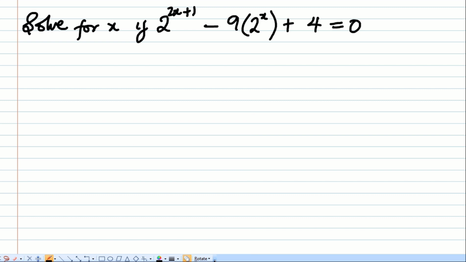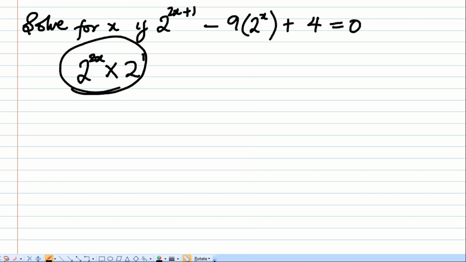So let's see how we can bring out the equation from this. So now you see we have 2 raised to power x. So let's see how can we simplify the whole of this to get that 2 raised to power x. So we're going to do something there. We're going to say this is 2 raised to power 2x times 2 raised to power 1. Now the whole of this is still the same thing with this.